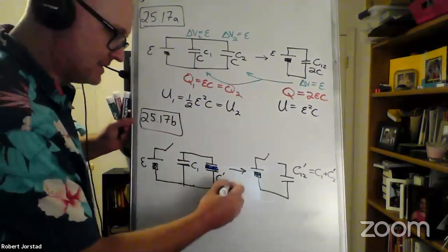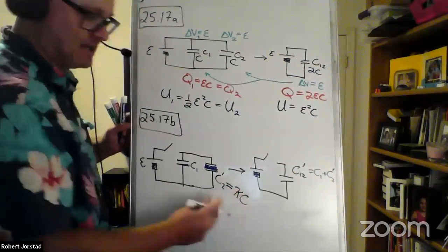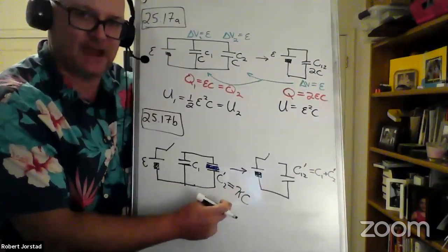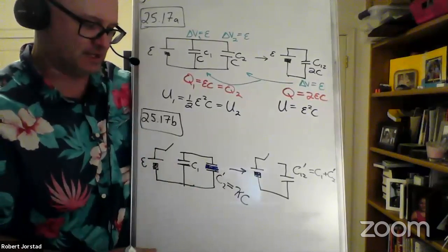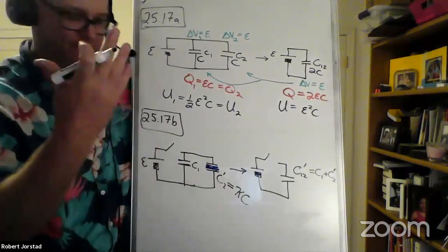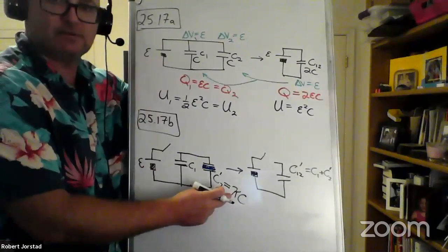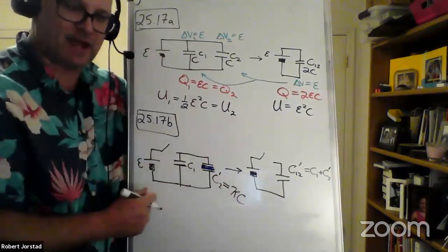C2 prime is going to be kappa times C. Basically, the dielectric constant is a multiplicative factor. If kappa is 2, you're doubling the capacitance when you stick it in. If kappa is 5, you're multiplying it by 5. Essentially, all it does is stick a letter kappa inside the capacitance equation.